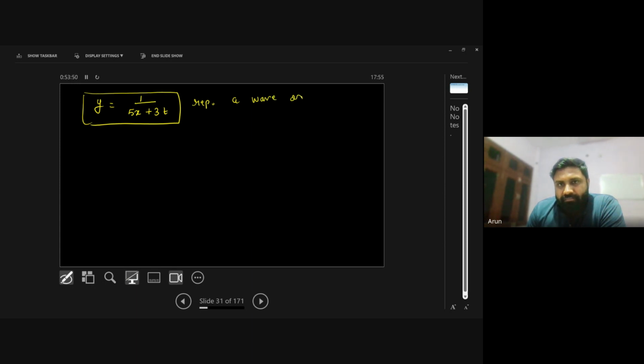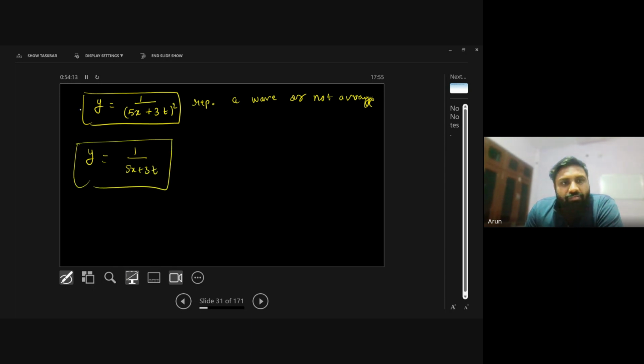And let's say the square of it, it would be easier for you. Wave or not a wave. And the second function is y is 1 upon 5x plus 3t. So these two functions you need to check. I will discuss it in the next class.